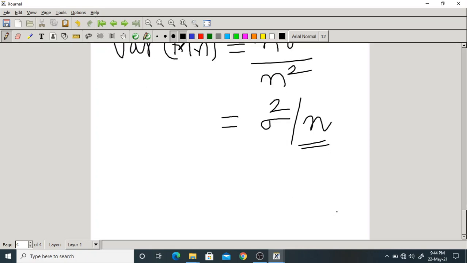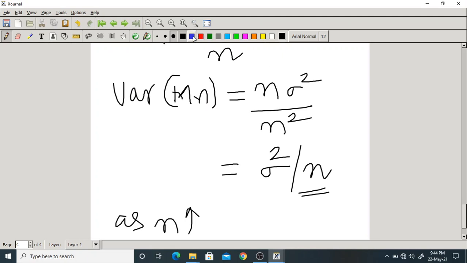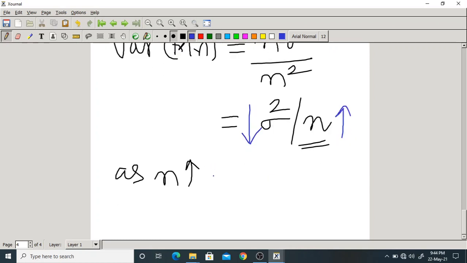Now here, what happens as n increases? If n increases, the variance decreases. As n increases, Mn shrinks. As n increases, Mn is shrinking. So it may tend to become 0.